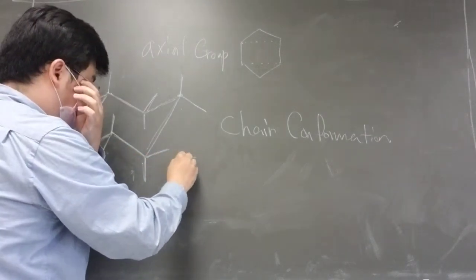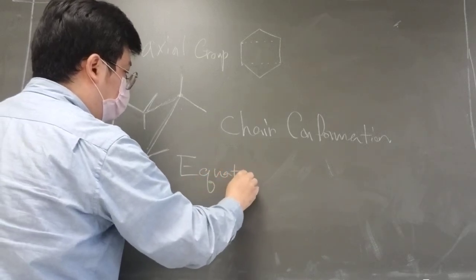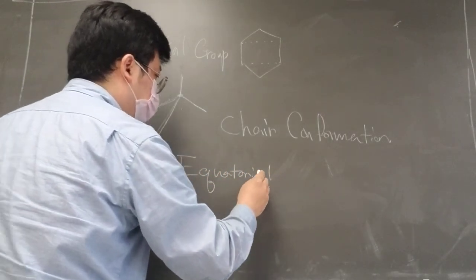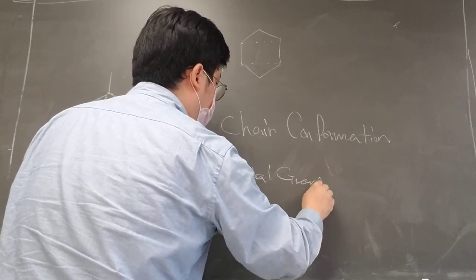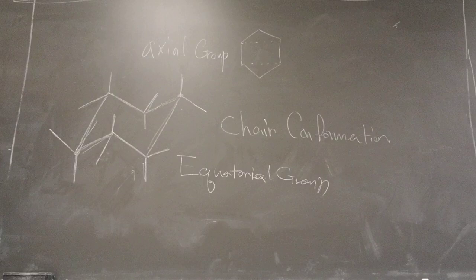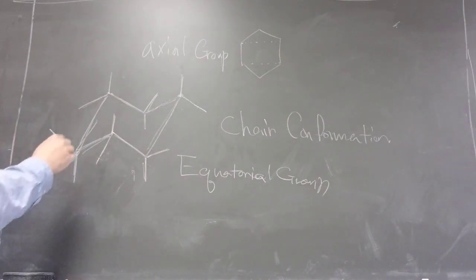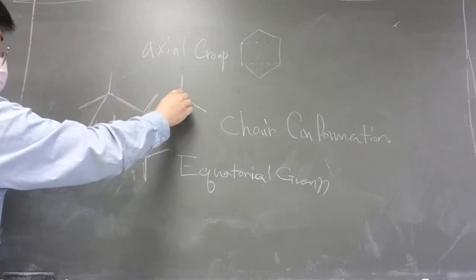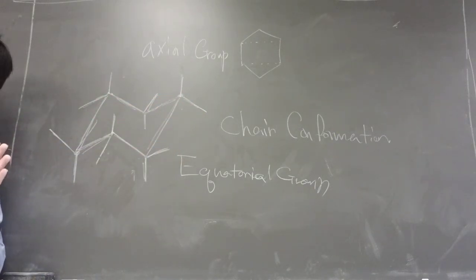So we call this equatorial groups. Okay? It doesn't go either up or down, but sideways, which is not perfectly sideways, but parallel to the lines, so that each carbon can sustain the tetrahedral structure.